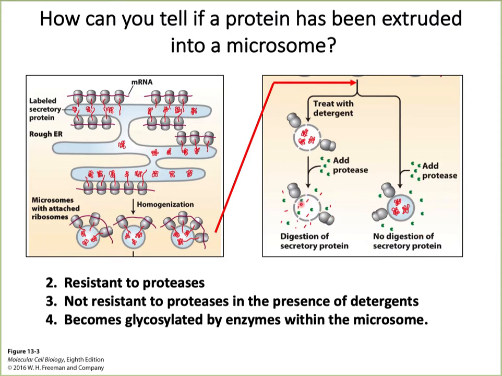So in absence of detergent, the proteins in the lumen of the microsome will be resistant to protease, whereas in the presence of detergent, these same proteins will not be resistant, but will be sensitive to hydrolysis by proteases. Another important thing is that they also become glycosylated by enzymes within the microsomes. We'll talk about those in later parts.